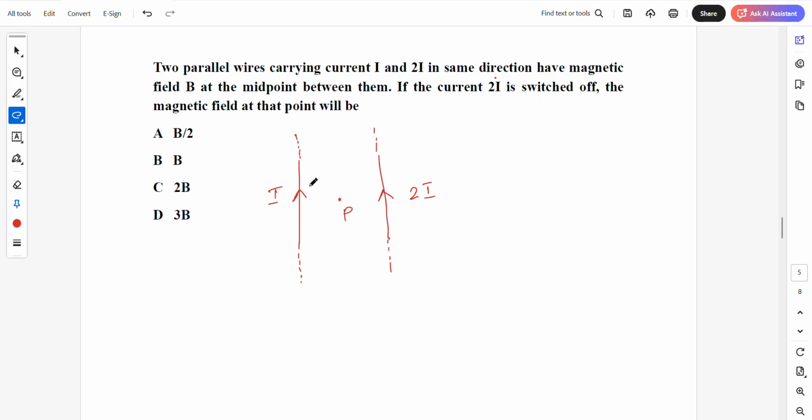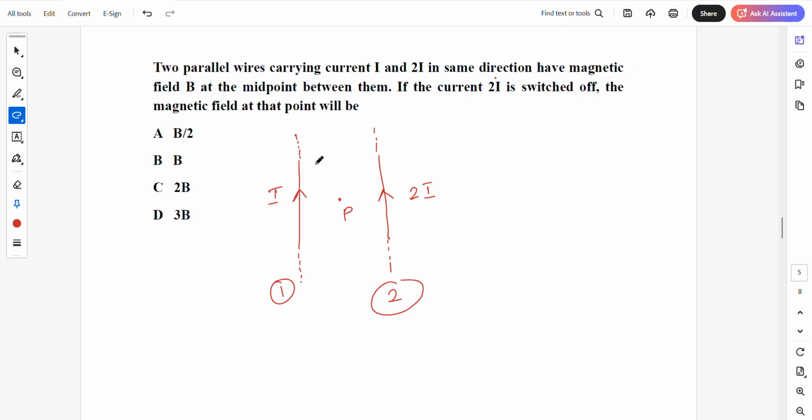Now see here. This is the first current carrying conductor, and this is the second. I have assumed infinitely long current carrying conductors.